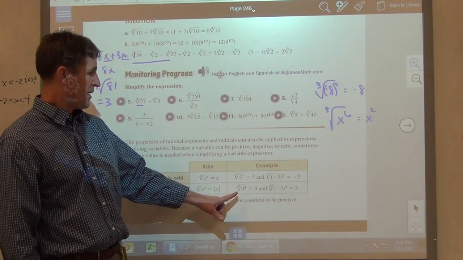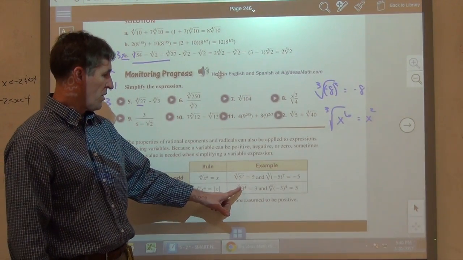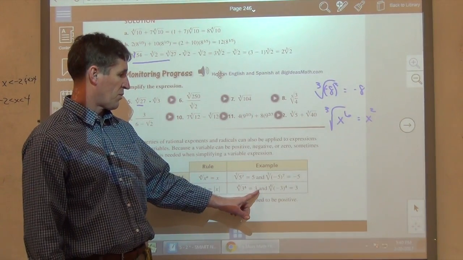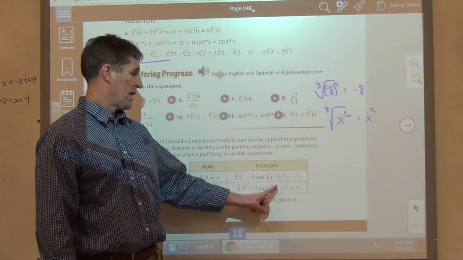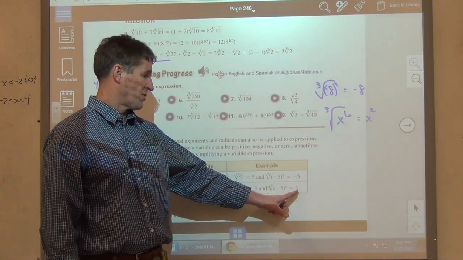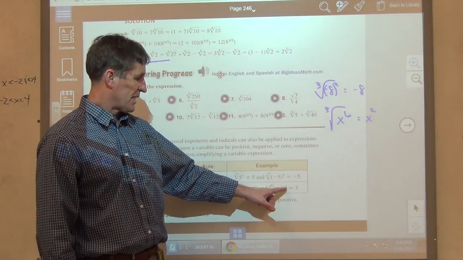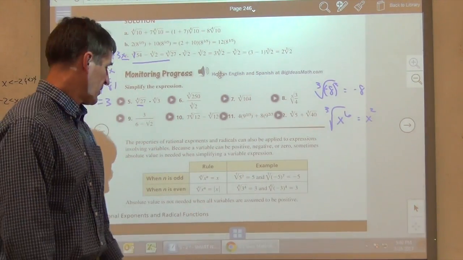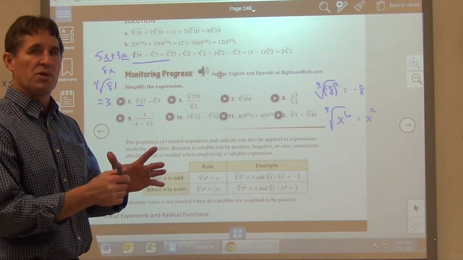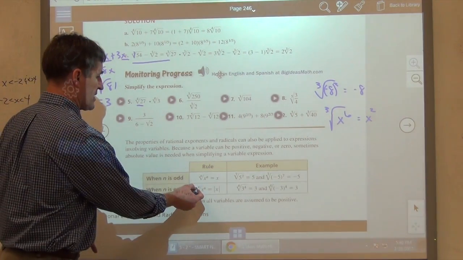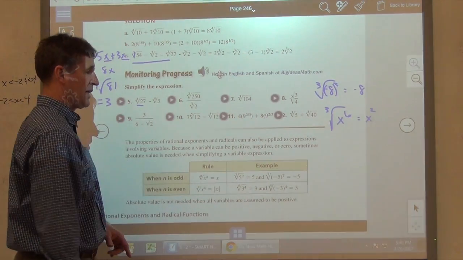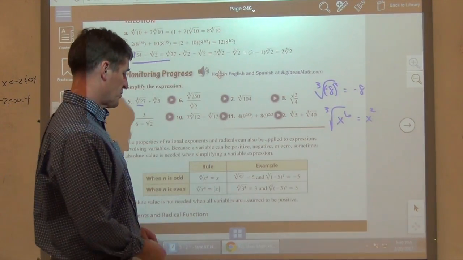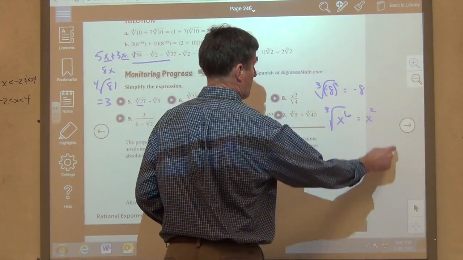On this one, because we have the fourth root of 3 to the 4th, we're going to say 3, but when it's negative 3 to the 4th power, we're also going to say 3, because if I simplify this first, that negative sign would disappear and I just get 81. So you'll have to remember that as you go through and solve these. Check your indexes. If it's even and you had a variable or a number inside, you're always going to make it positive, because we're just going to do the absolute value.